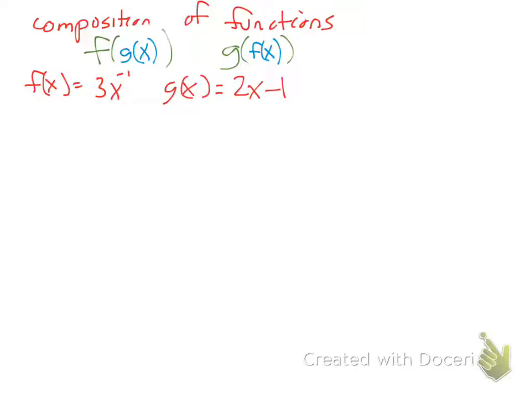Here we have f of x equals 3x to the negative 1 power. We have g of x, which is 2x minus 1. What we're going to ask you to do is f of g of x.